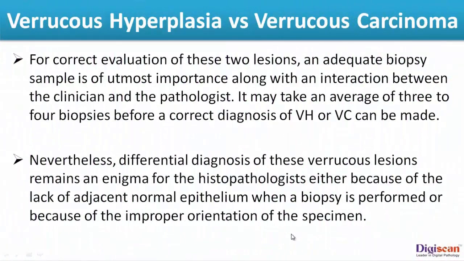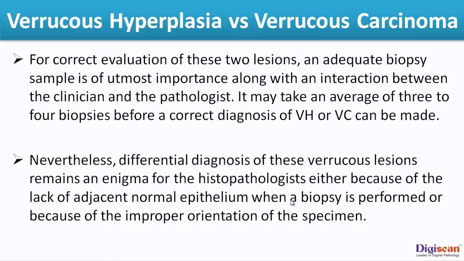For correct evaluation of verrucous hyperplasia versus verrucous carcinoma, an adequate biopsy sample is of utmost importance, along with an interaction between the clinician and the pathologist. It may take an average of 3 to 4 biopsies before a correct diagnosis of verrucous hyperplasia or verrucous carcinoma can be made.